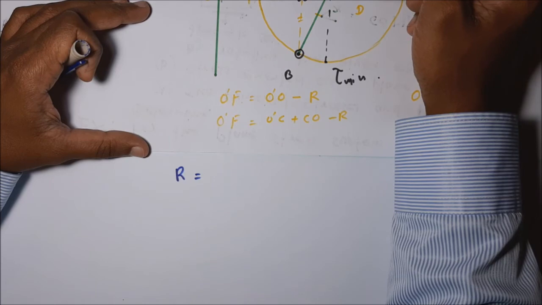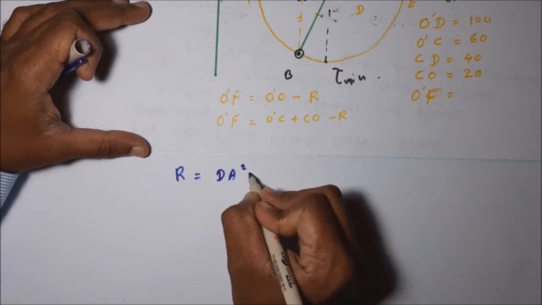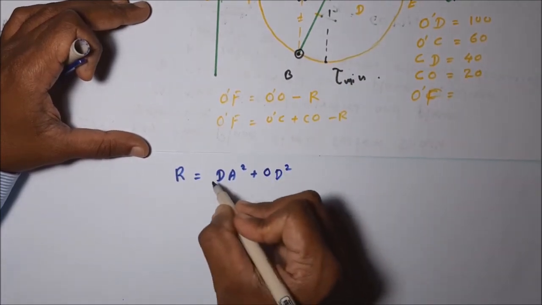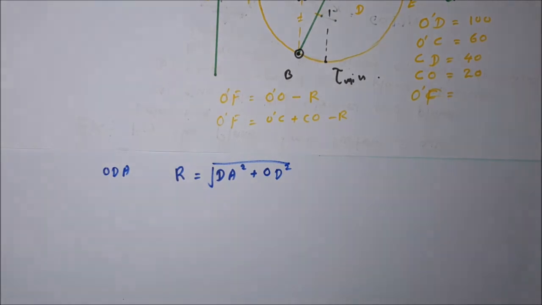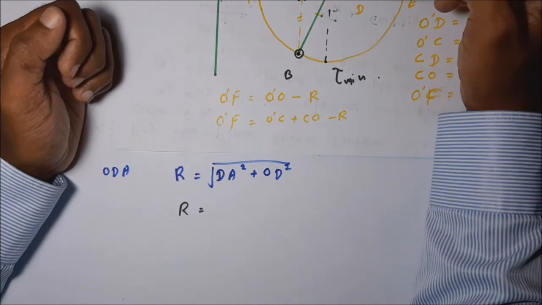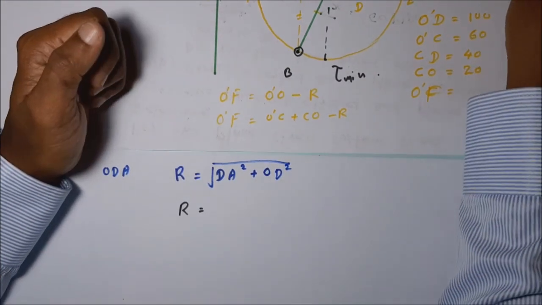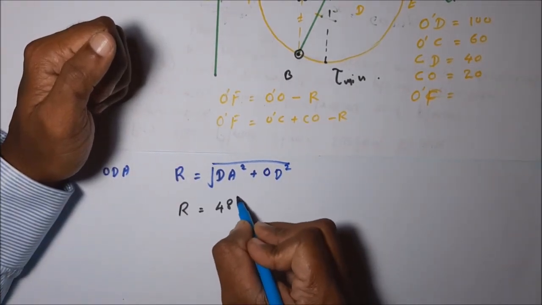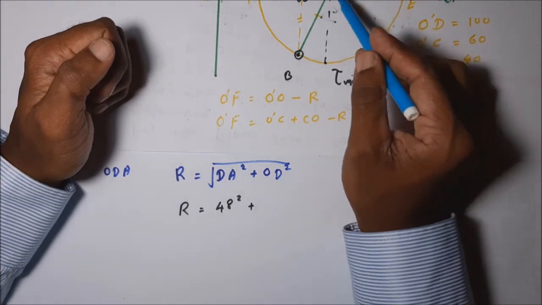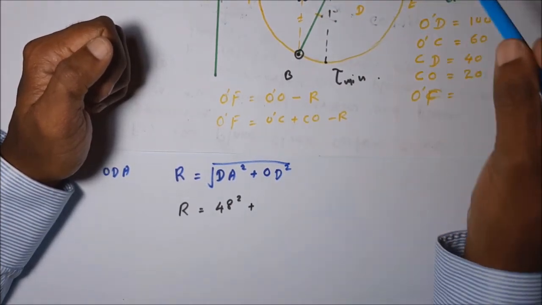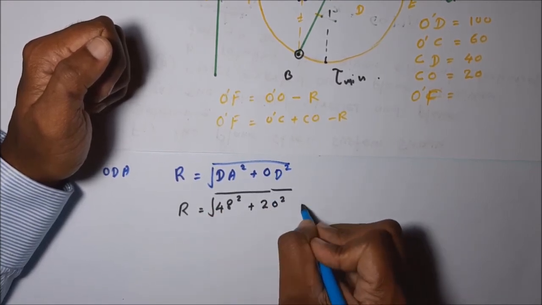Considering the right angle triangle ODA, R is equal to the square root of dA squared plus OD squared. dA is this height, 48, squared, plus OD, which is equal to 20, squared. So I'm going to first find this value.